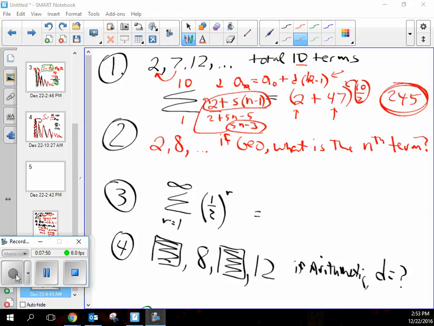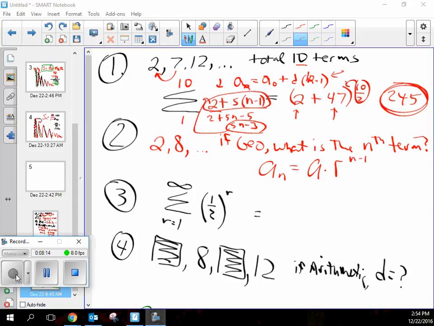All right, under number 2. Number 2 has, if this is a geometric sequence, then what is the nth term? Well, I know the formula for that. The formula for the nth term is a sub n, and for geometric, it goes like this. Your starting amount, sometimes we call it a, sometimes a sub 0, times r to the n minus 1.